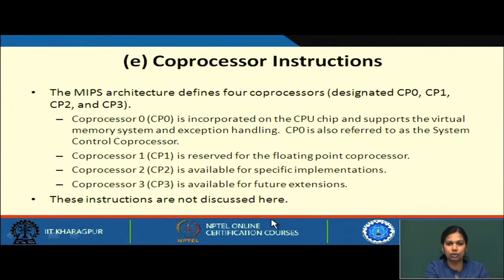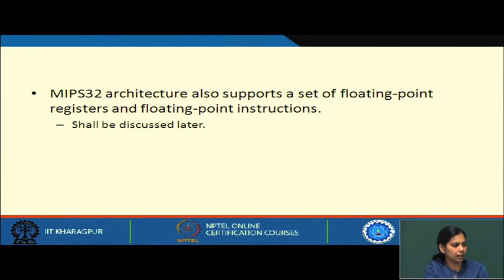We really do not know which kind of coprocessor we will be using in the near future, so we need some coprocessor that can be available in future, and these instructions are not discussed here. We are just saying that we will have some kind of coprocessor instructions. The MIPS architecture also supports a set of floating point registers and floating point instructions, which shall be discussed later.